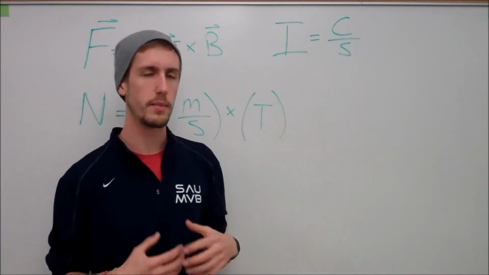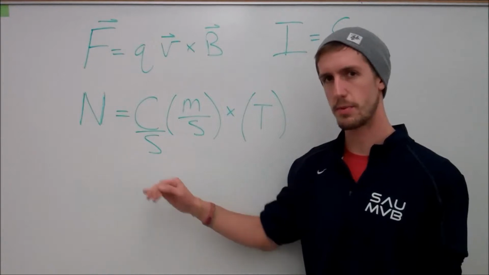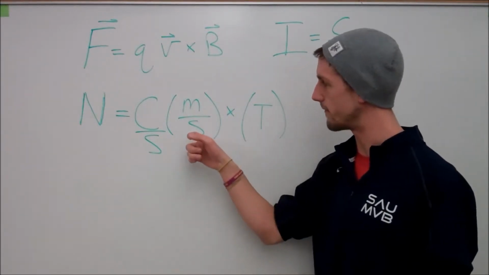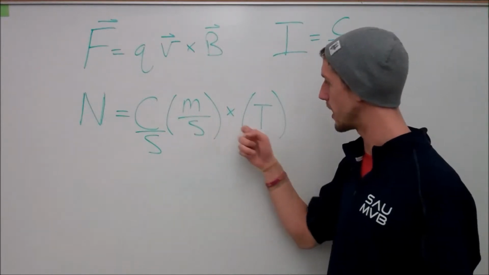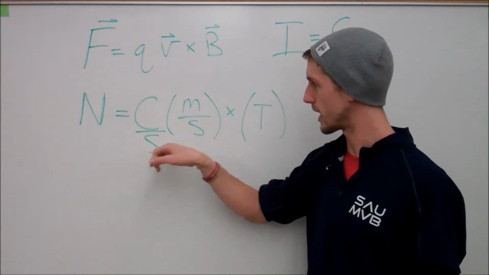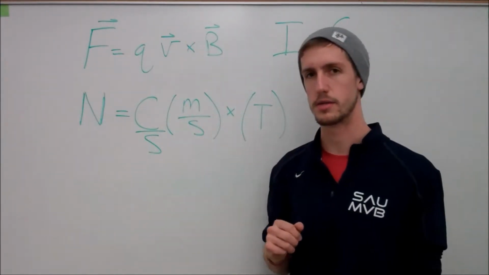Current was equal to the amount of charge going through a given space per second. So I put the charge per second, the current flowing through the wire, and it also depended on how fast it was going through, meters per second, multiplied by my Tesla. So coulombs per second multiplied by meters per second times Teslas gives me my newtons, right?